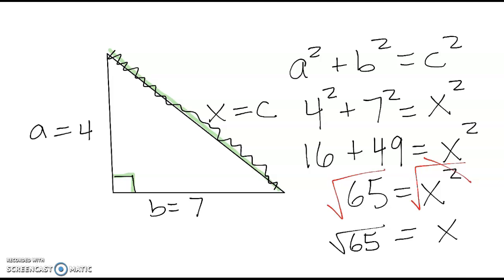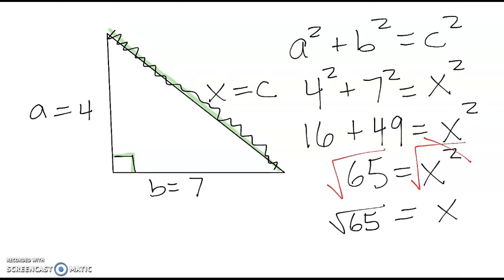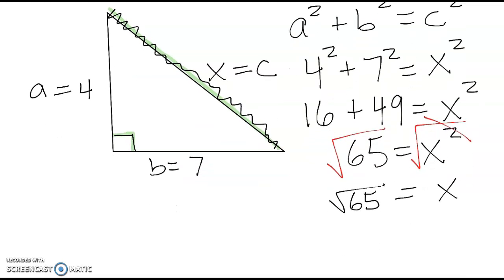Okay. If I wanted to give an approximate answer, I could take that in my calculator and I could take the square root of 65. Now I've done this ahead of time, right, because I always do a rough draft in my math notebook before I do my final version, my final screen recording.